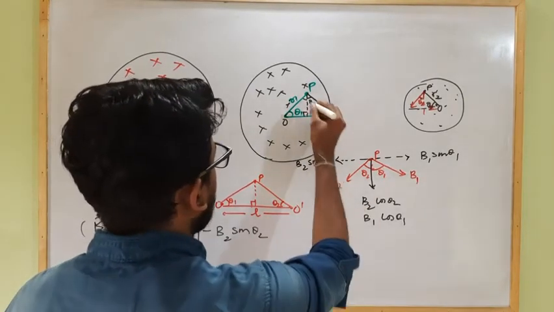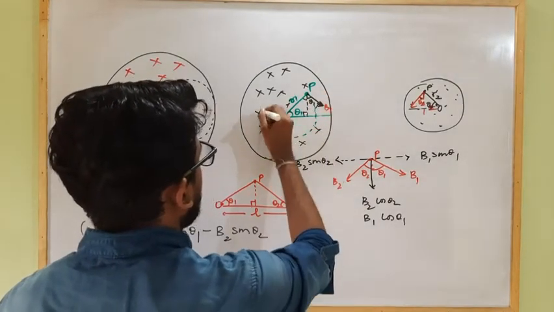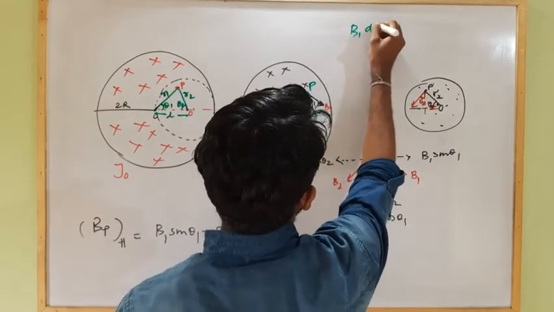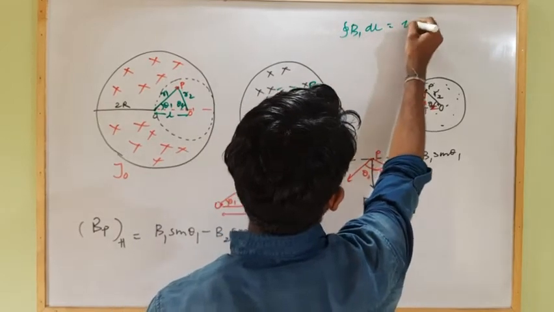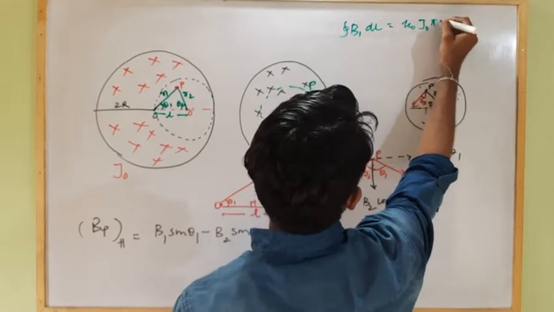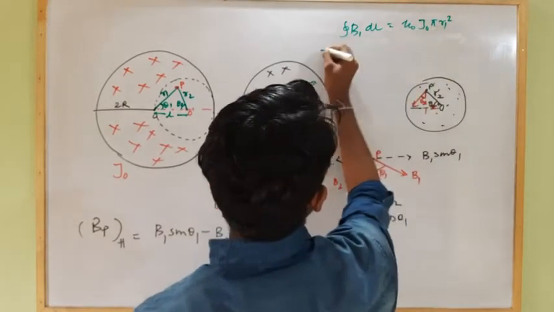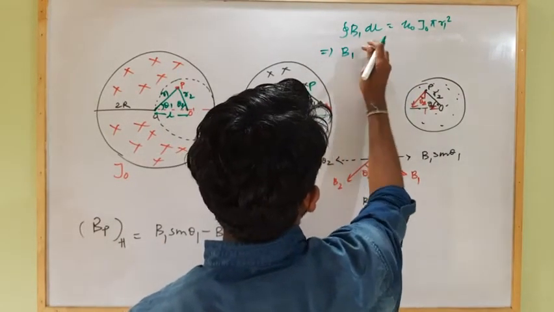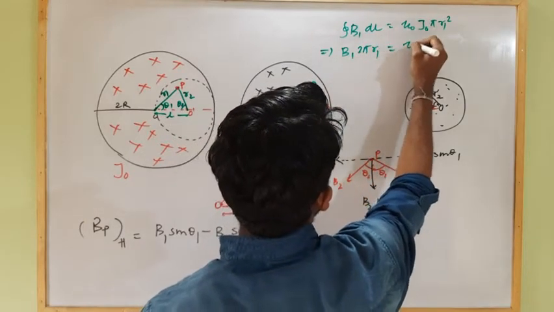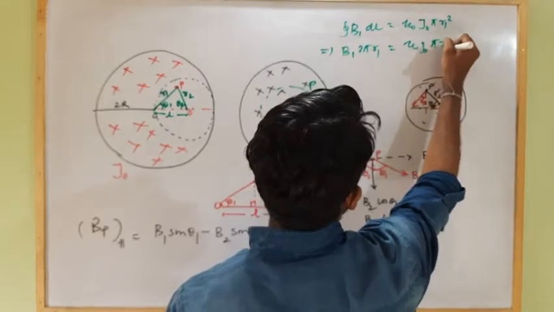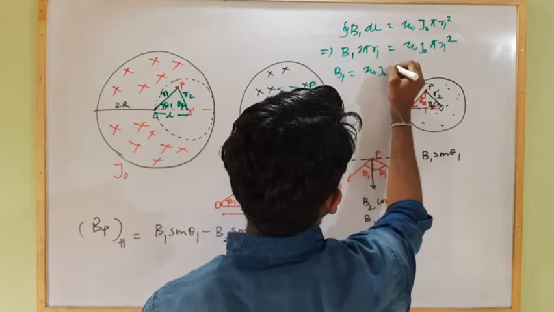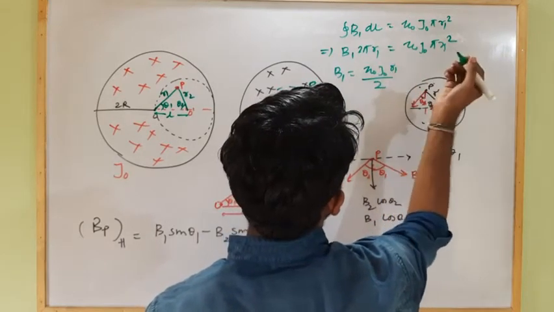By assuming an Amperian loop at this point, what will be the value of B1? The closed integral of B1 dl will be mu naught I enclosed. What is I enclosed? J naught into pi r1 square. This implies B1 into 2 pi r1 equals mu naught J naught pi r1 square. So B1 will be mu naught J naught r1 by 2.